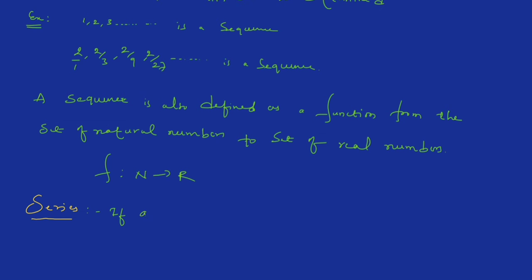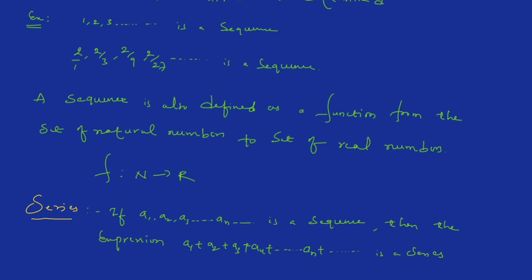If a1, a2, a3, and so on up to an is a sequence, then the expression a1 plus a2 plus a3 plus a4, and so on up to an plus and so on, is a series.